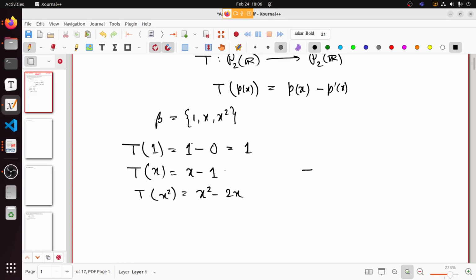So how to find the matrix? The matrix will be T with respect to this basis, T beta beta. Let me write it. We have to write these in terms of the basis.